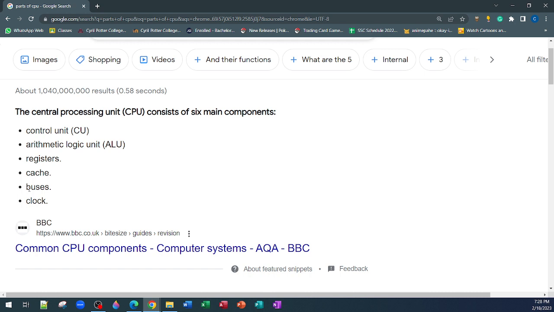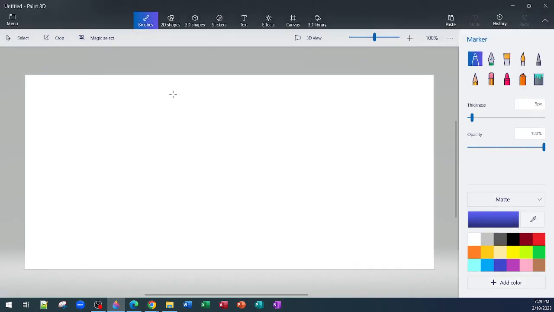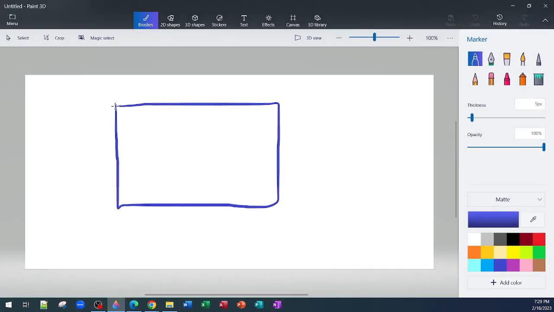The bus is basically, think of it like how many paths data has to travel in your CPU. Like a literal bus, like how in a park you have roads and buses. Imagine this is your CPU.